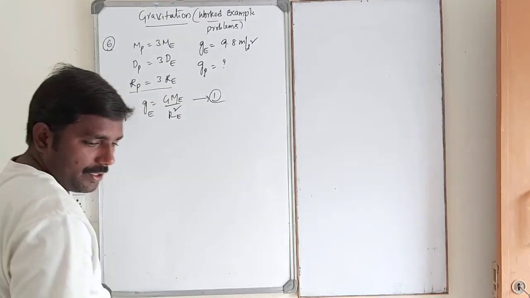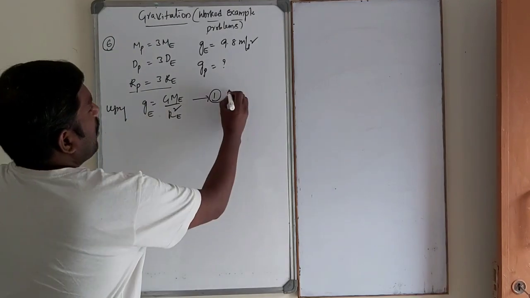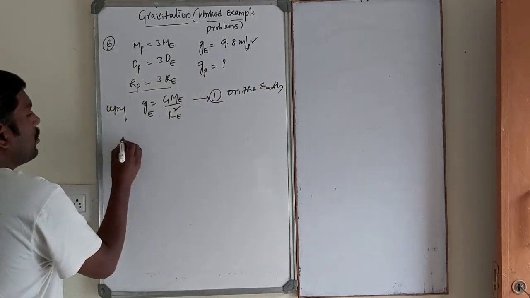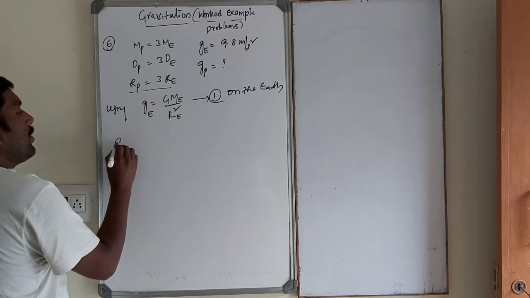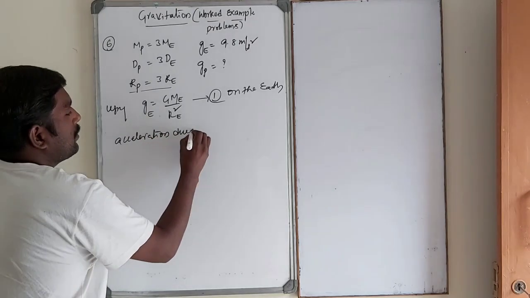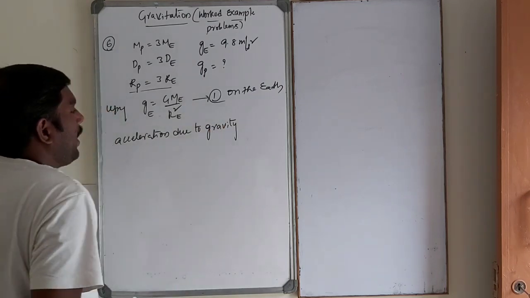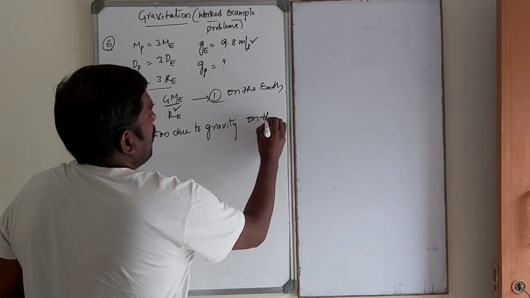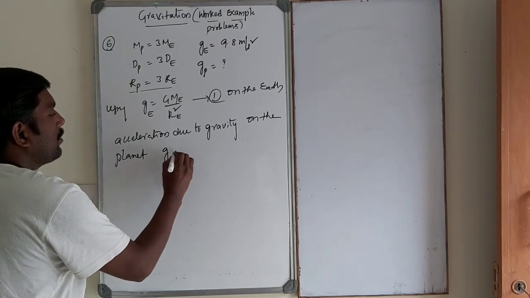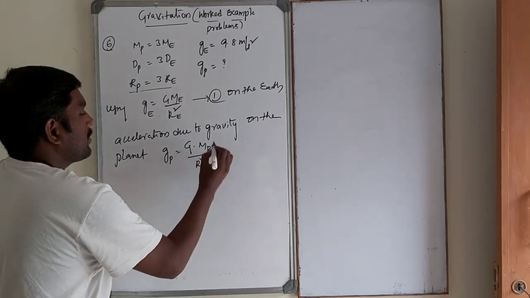So, see students, the acceleration due to gravity on the planet, g_p, is equal to G into the mass of the planet by the radius of the planet square.